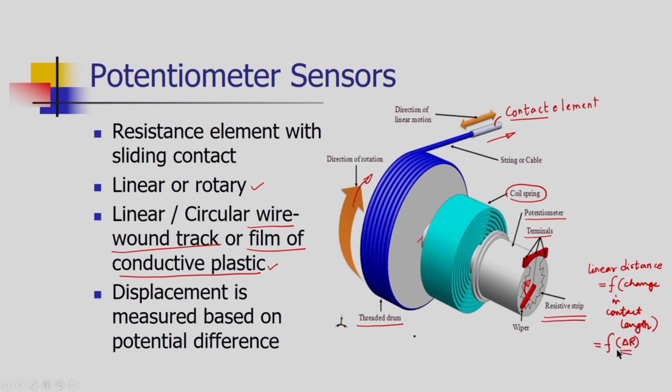This delta R will further be used to generate the appropriate signals, that is delta V or delta I current signals, by using a Wheatstone bridge device. Because as you know, delta R signals cannot be used by the microprocessor to process the information. So, we need to convert these signals from one form of energy, that is resistance, to voltage, and then the potentiometer sensor will be converted into a transducer.